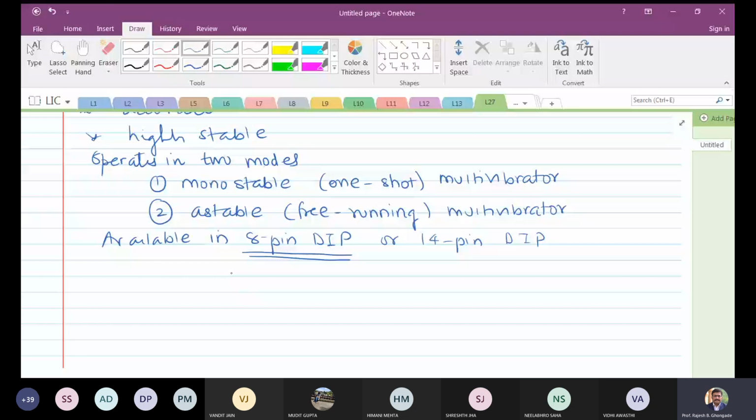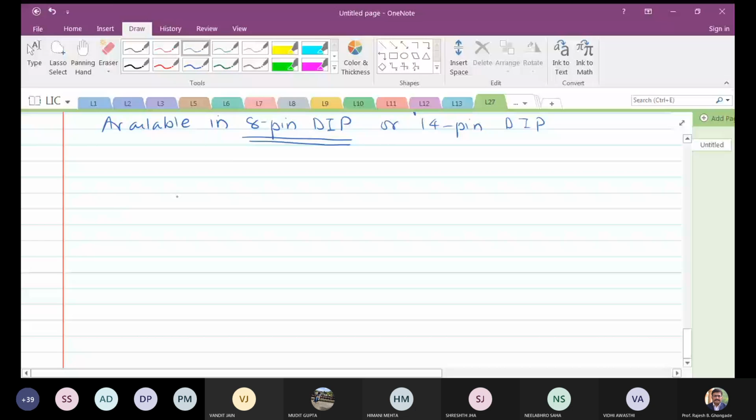So it is available in the DIP package. The pin numbers are marked as 1, 2, 3, 4, 5, 6, 7, 8. This is 555.